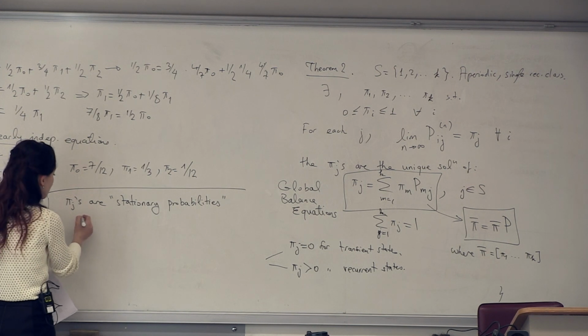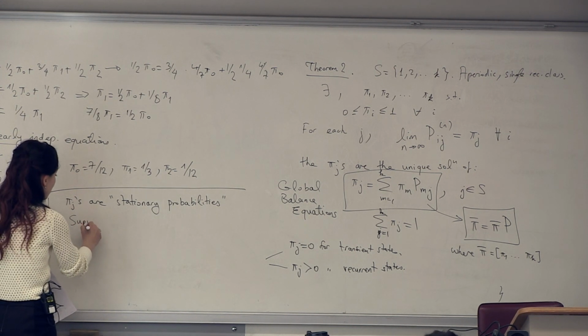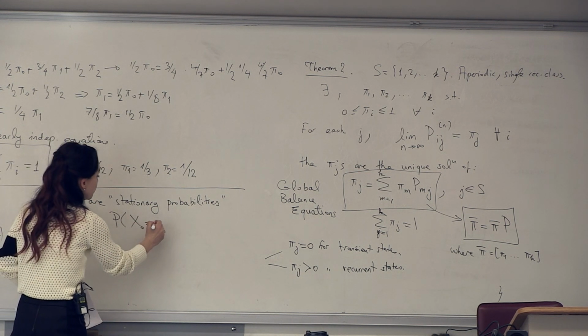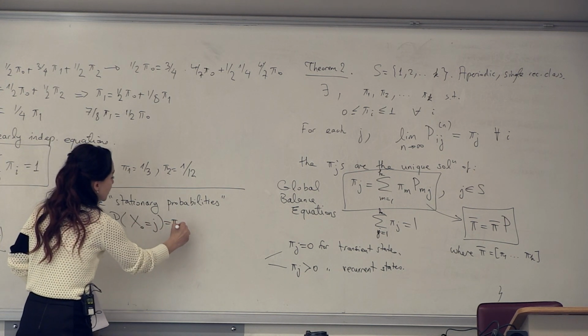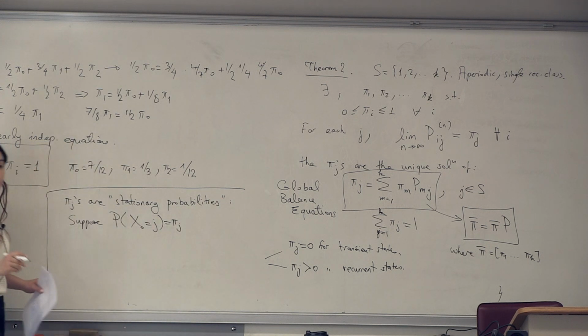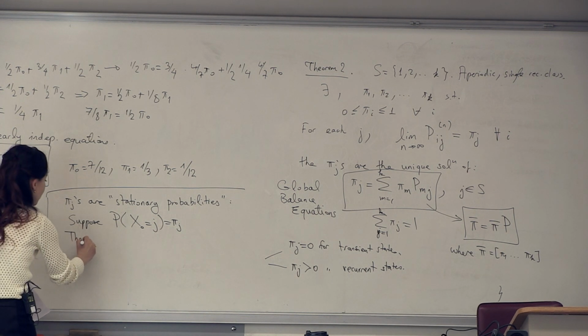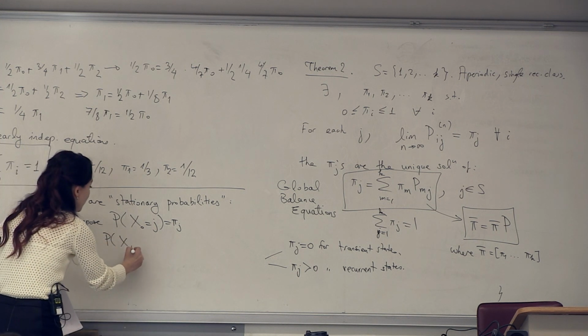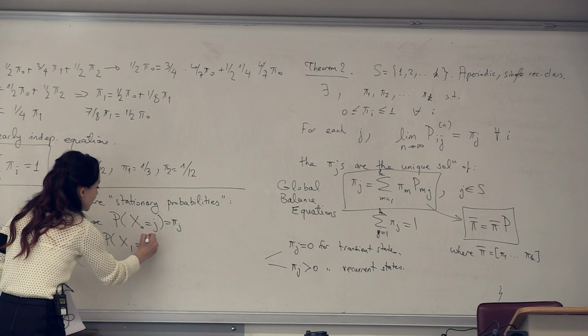What I mean is, suppose the probability that X0 is equal to j is pi j. Then what is the probability that X1 is equal to j?